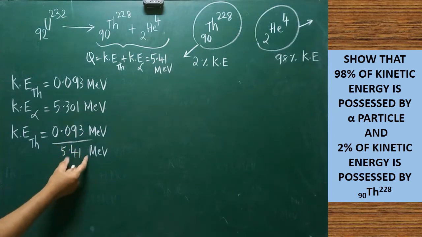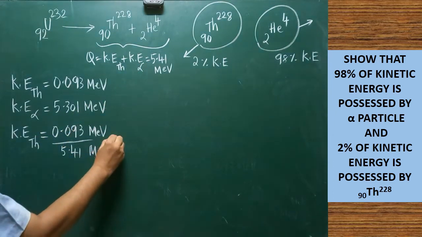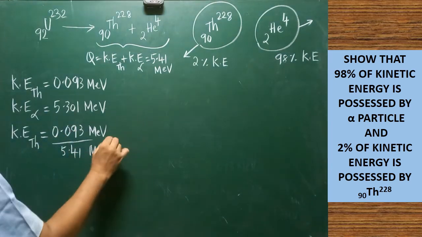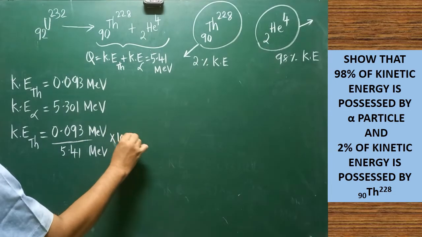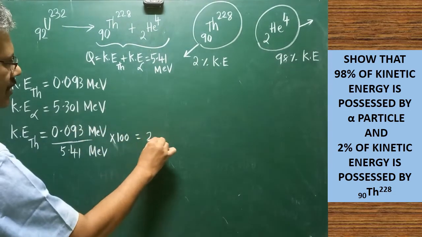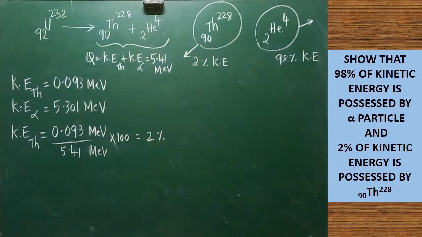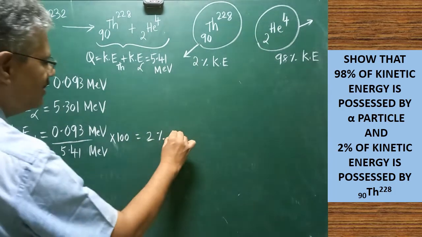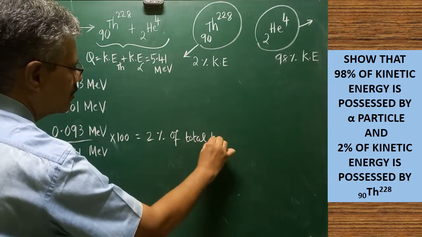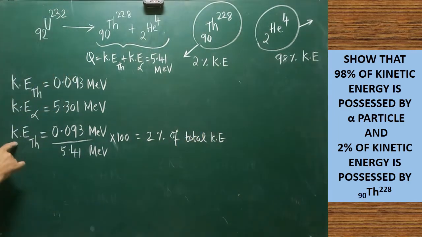Thorium. This is to be multiplied by 100. Only then will you get the value in terms of percentage. So if you calculate everything, you will get how much? 2%. Are you clear? 2% of the total kinetic energy is possessed by whom? Thorium.